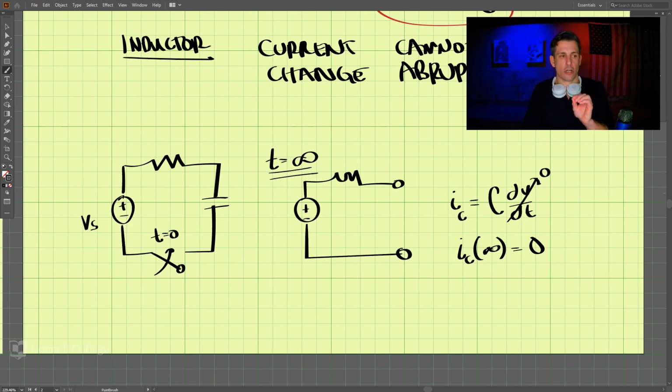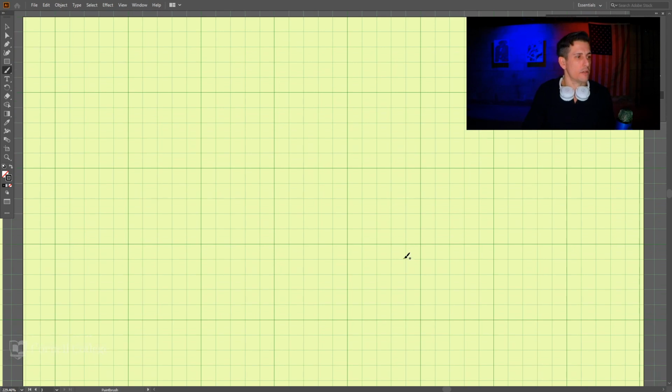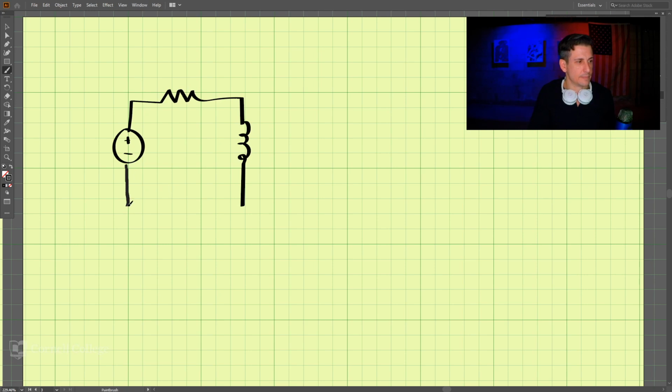Now let's take a look at the inductor. For the inductor, let's say we have a voltage source with a resistor and then the inductor here, and then we'll put a switch here.